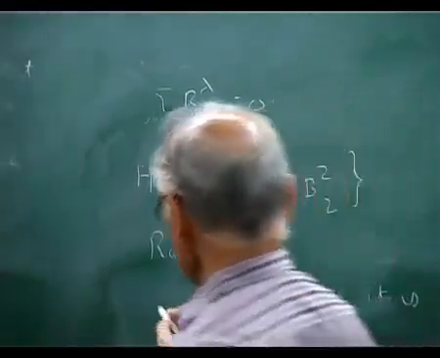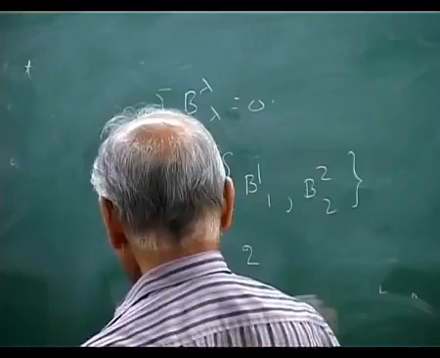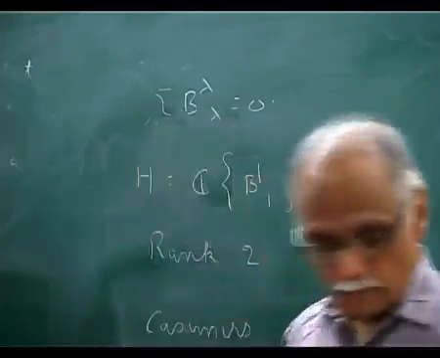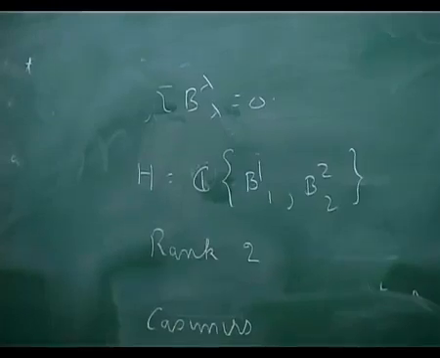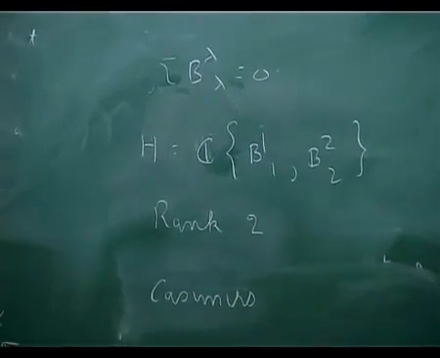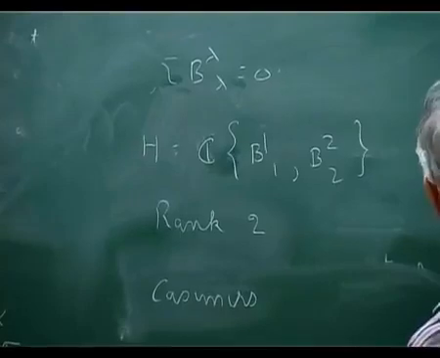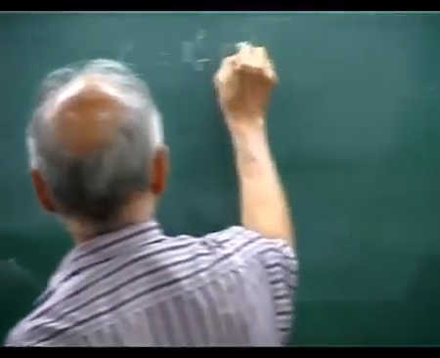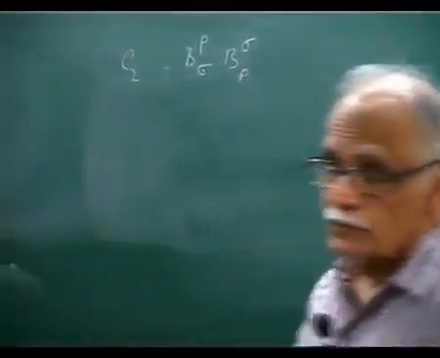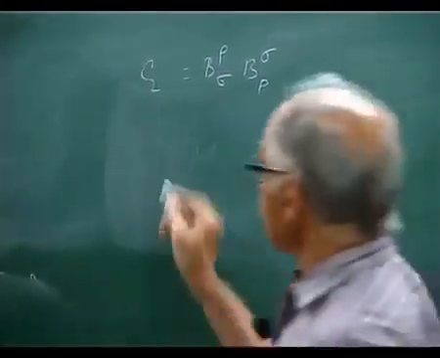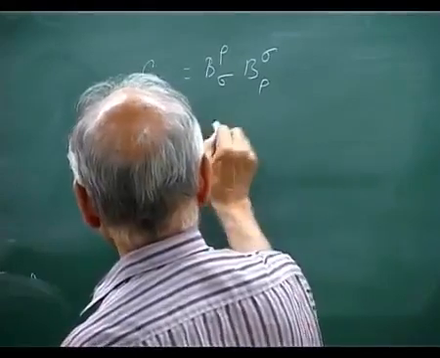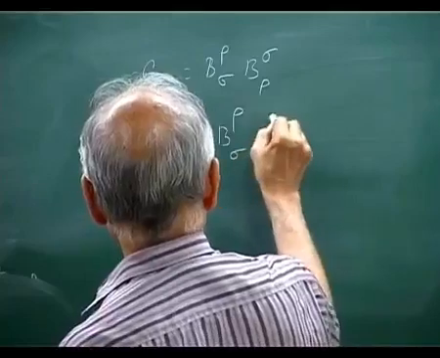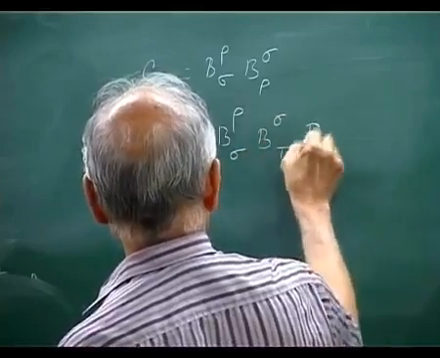So there are two Casimirs. One is C2, which is B_rho sigma B_sigma rho. The second one is C3, which is, say, B_rho sigma B_sigma tau B_tau rho.